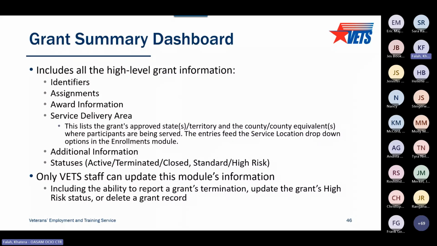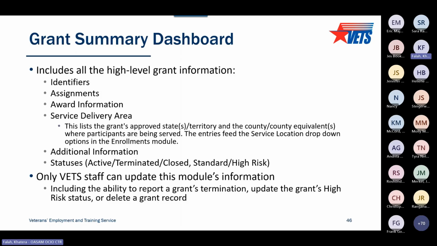So in the grant summary dashboard, we have just the high-level grant information associated with the grant, especially what can help with the performance aspect. Those are the identifiers, our assignments, the award information, and the service delivery areas, which list the grant's approved states or territory and the county or county equivalents where participants are being served.